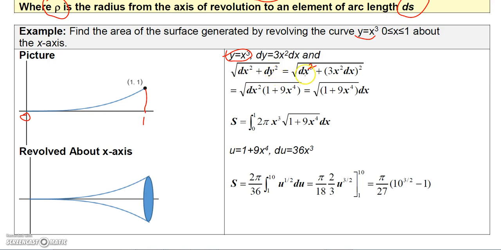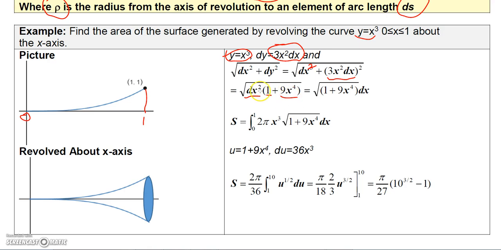Well, dx squared would just be dx squared, but when I square dy, I'll get 9x to the 4th, and then I'll have dx squared. So let me factor the dx squared out of these two terms. Factoring it out of the first term gives you 1, and out of the second you'll just get 9x to the 4th. There. So we factored the dx squared out of those terms.